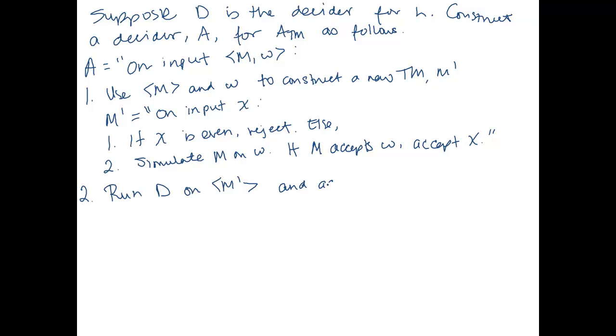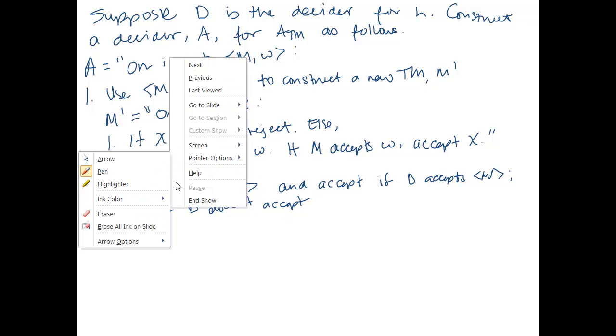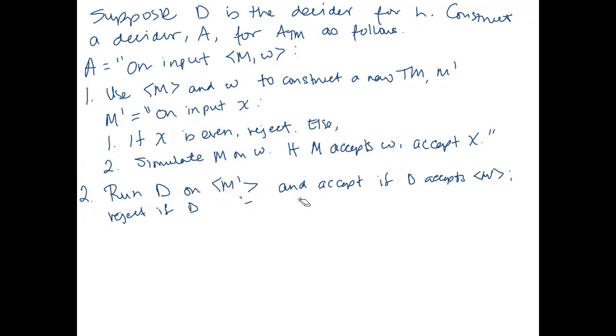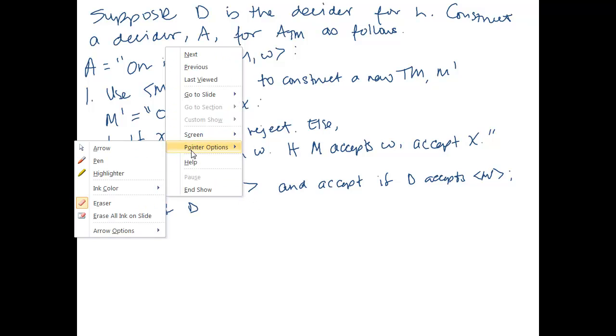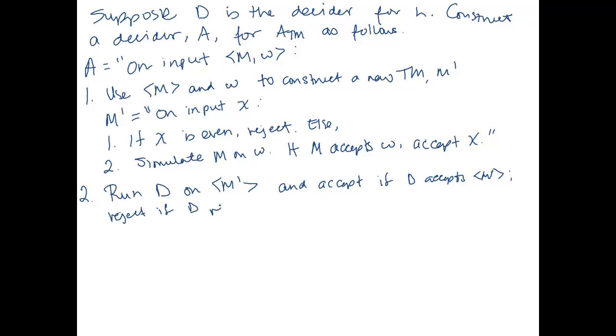If D accepts M prime, accept. Otherwise, to be super clear, reject if D rejects M prime.